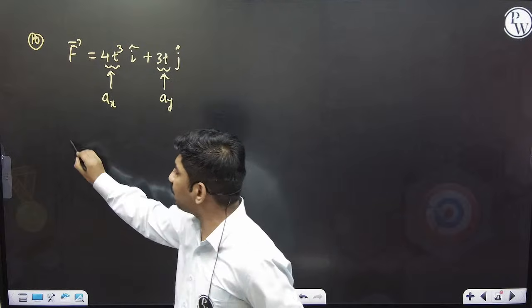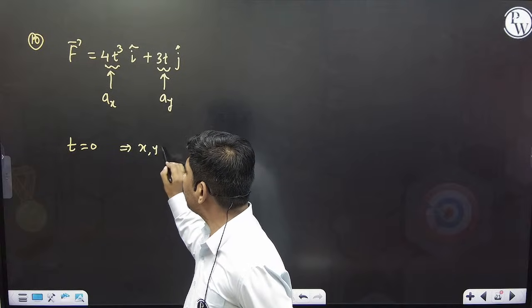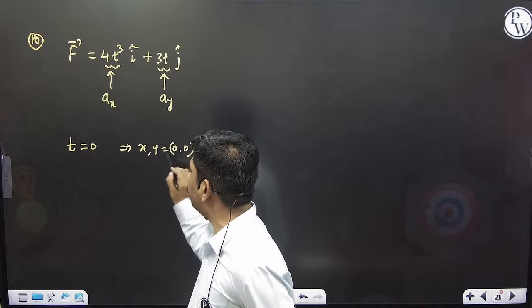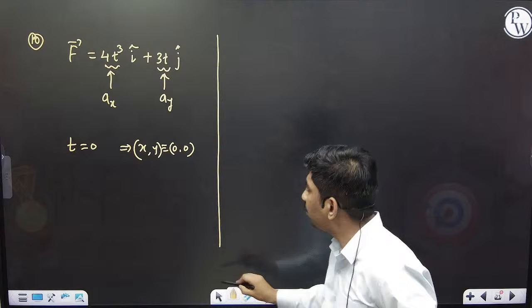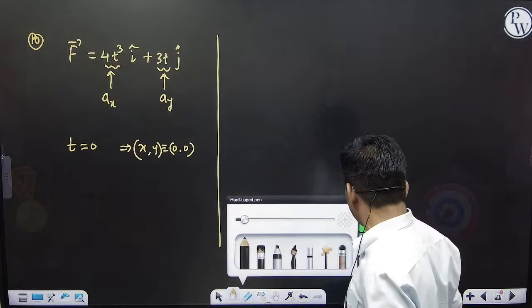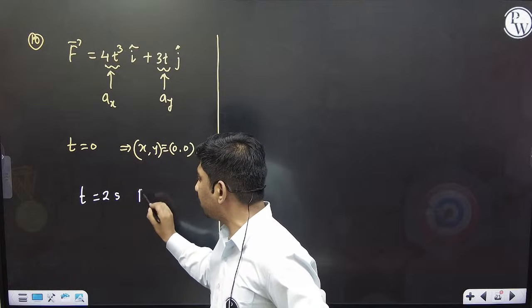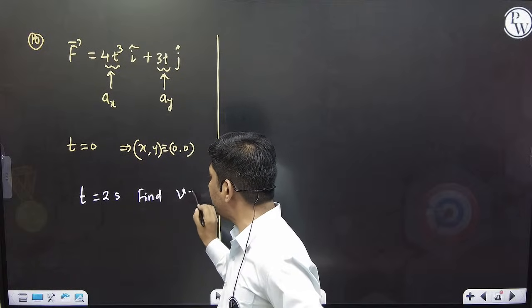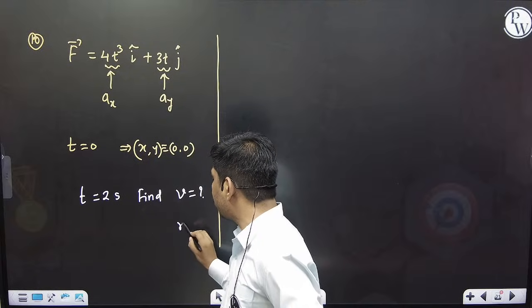The particle was at x, y equal to 0, 0, at the origin, at the time t equal to 0. Now it is moved, and they are asking, I guess, at t equal to 2 second, find v, and they have also asked to find the position of the particle.